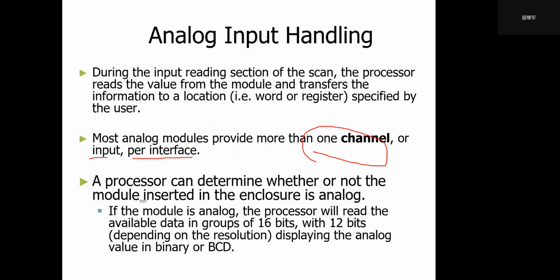If the module is analog, the processor will read the available data in groups of 16 bits, with 12 bits displaying the analog value in binary or BCD.